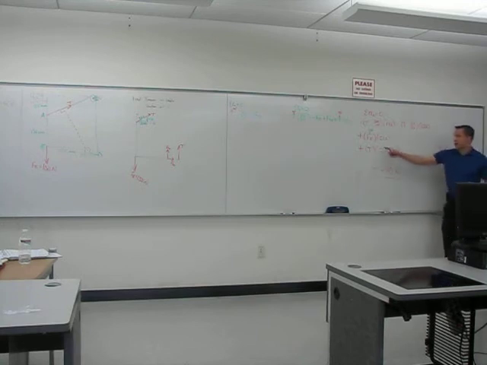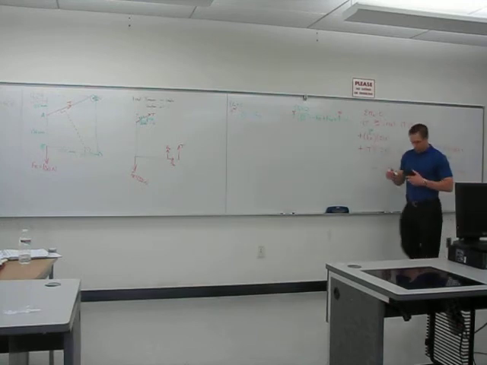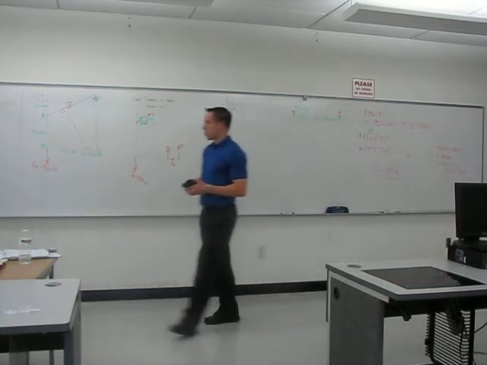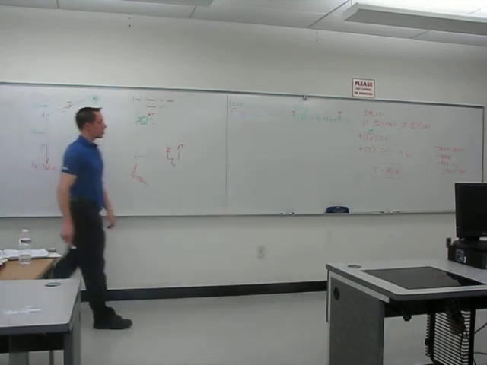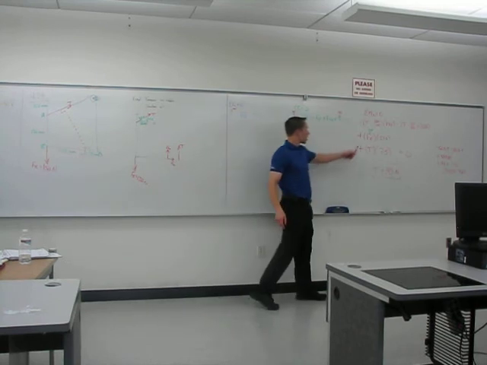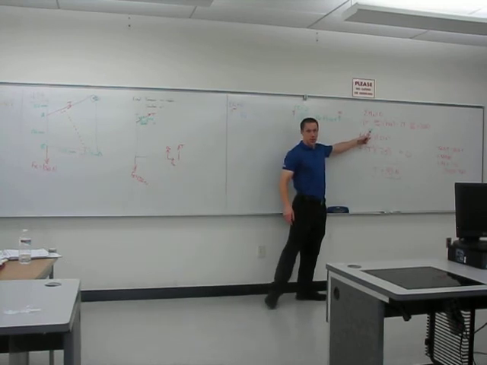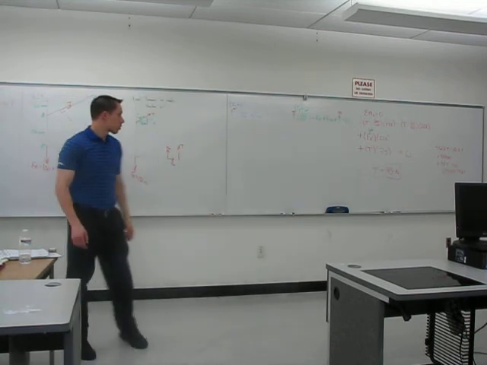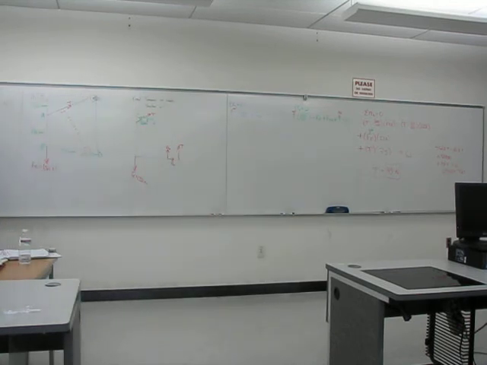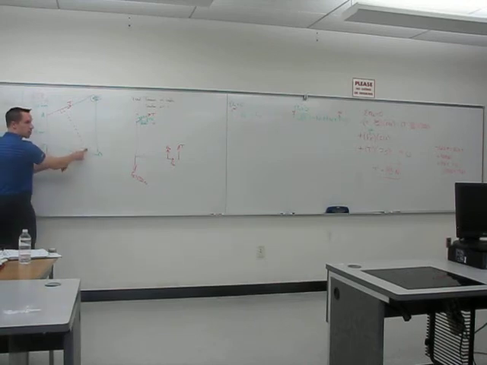Why isn't the 150 negative? Okay, that's a good question. If FE is going down, why are we plugging in positive 150 right here? That's the question. Well, we took the fact that this is moving down into account when we checked the direction of the rotation.